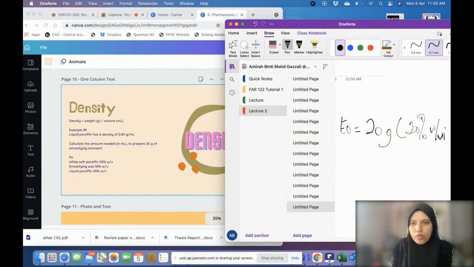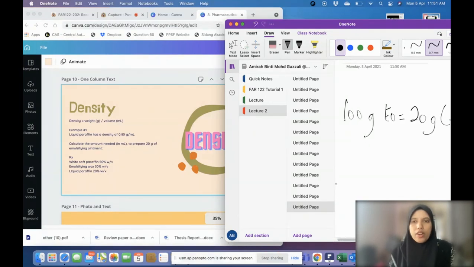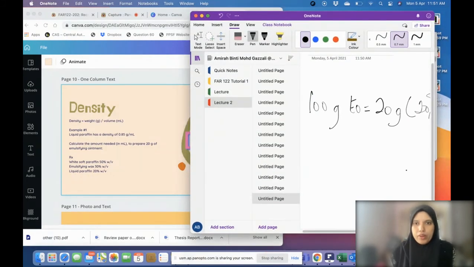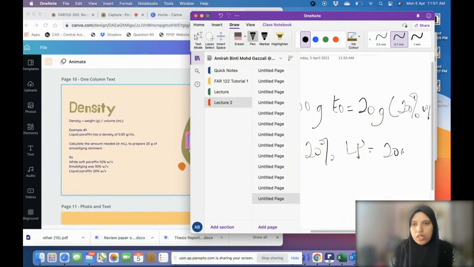It's supposed to be weight per weight, not weight per volume. The formula should be white soft paraffin, 50% weight per weight, emulsifying ointment, 30% weight per weight, and liquid paraffin, 20% weight per weight. Okay, so for 100 gram of emulsifying ointment, you would need 20 gram of liquid paraffin.